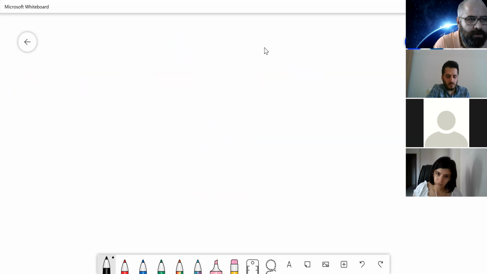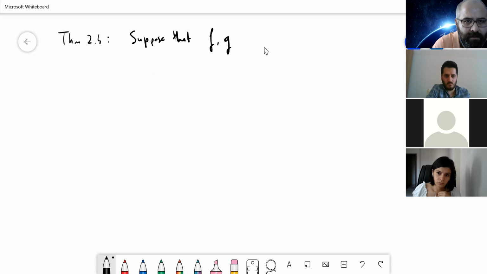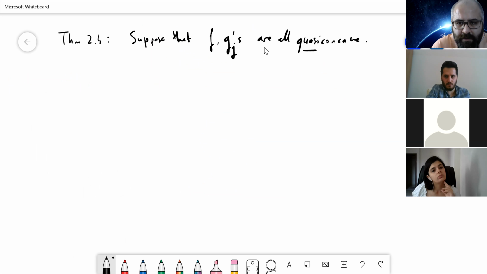Now I want to go back to theorem 2.4. Now suppose that f and the g_j functions are all quasi-concave. Not concave, but quasi-concave. Then we have the following.